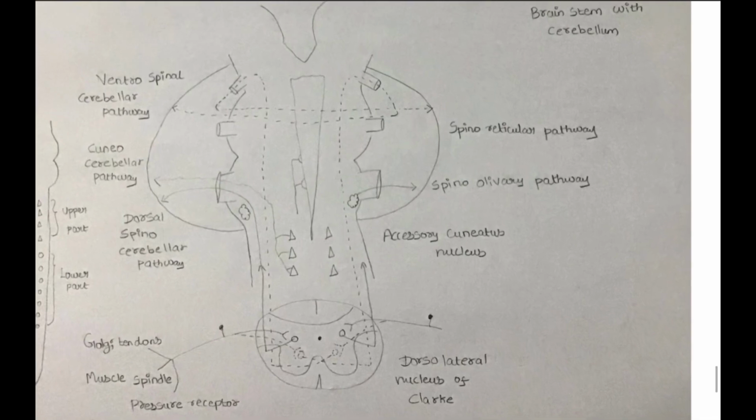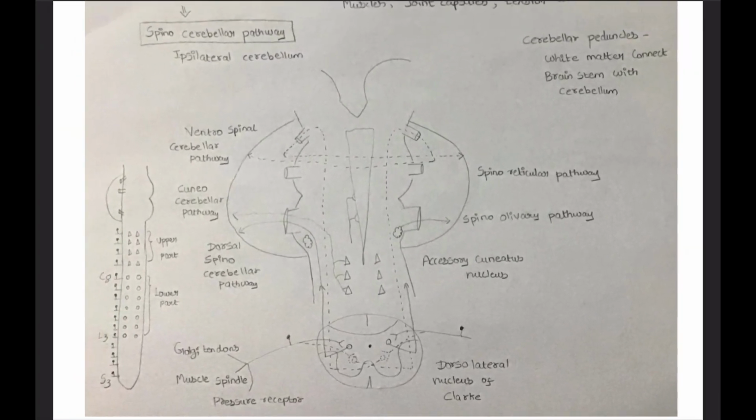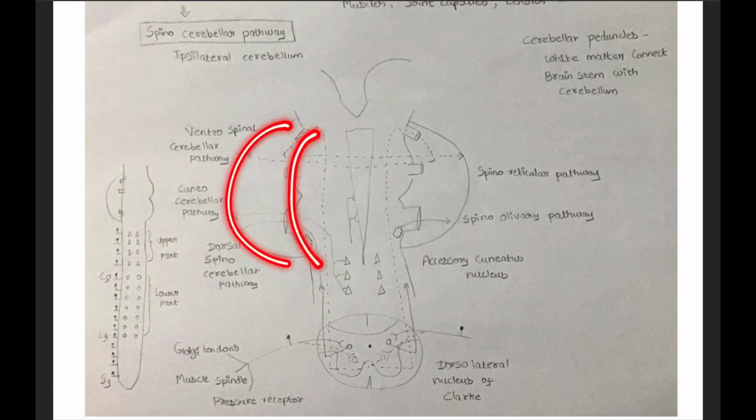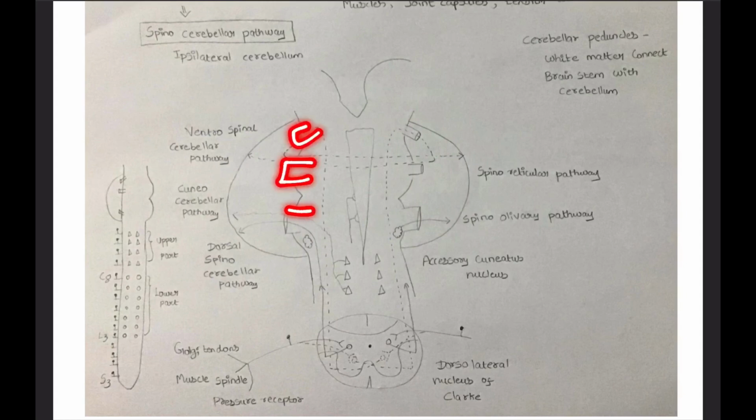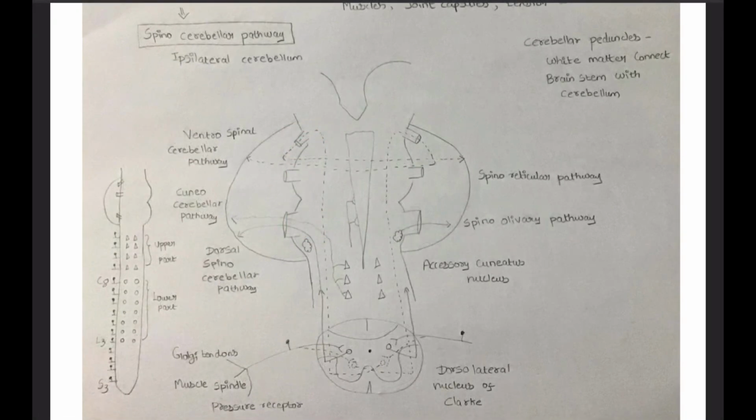These peduncles are structures that connect the brainstem with the cerebellum. So you have the superior peduncle, middle peduncle and inferior peduncle. These peduncles are white matter, they have axons. So this sensory nerve fiber from the second order neuron will go upwards ipsilaterally through the inferior peduncle to the cerebellum.